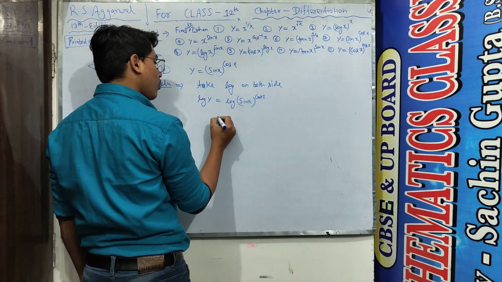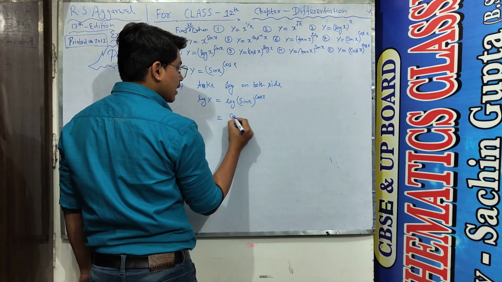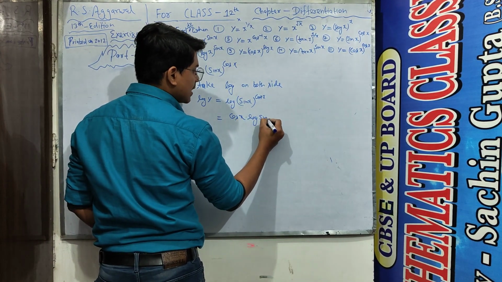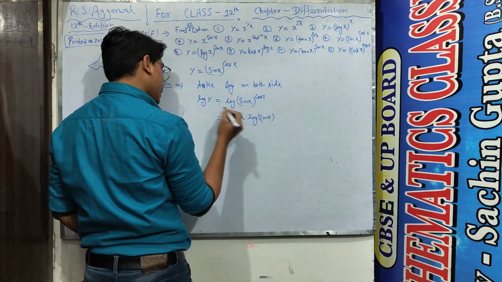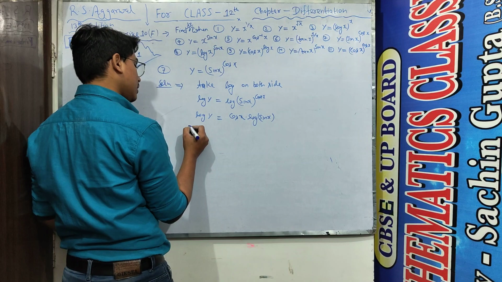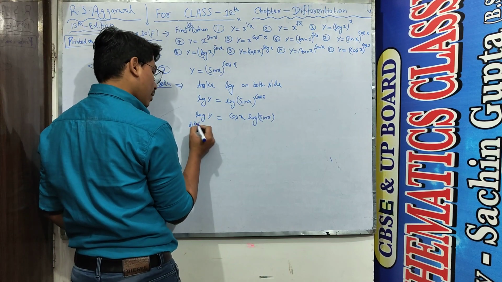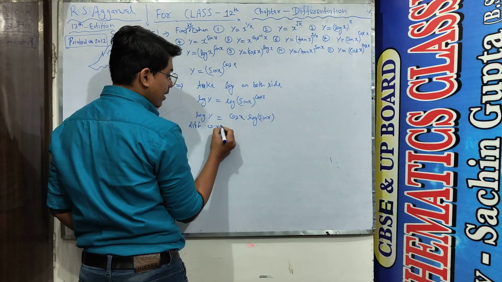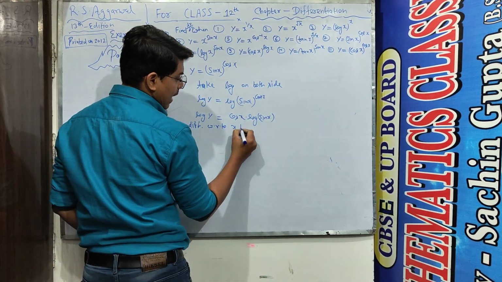Cos x comes before this log sin x, so I write cos x into log of sin x. Cos x is our first function, and log sin x is the second function. Now we differentiate with respect to x on both sides.